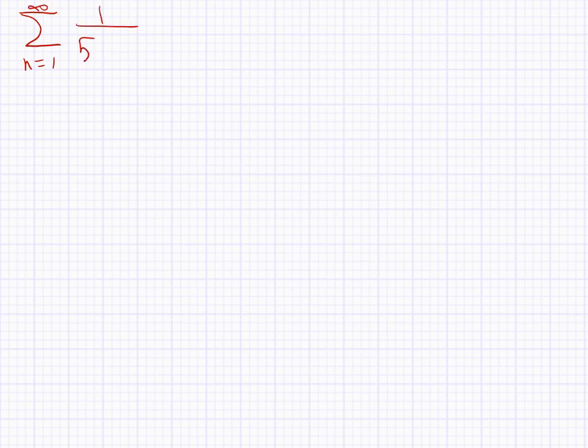What if I gave you this example and I said, tell me what happens to this series. The sum of n equals 1 to infinity of 1 over 5n squared plus 2n minus 1.